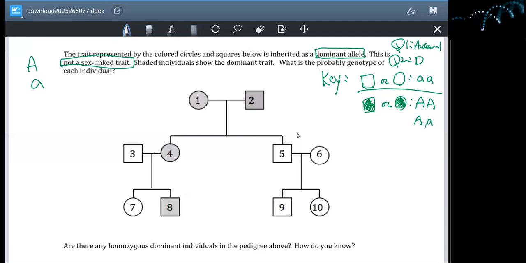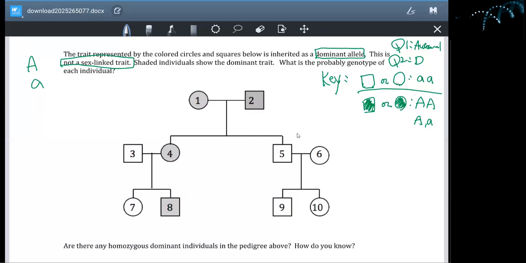This is why it's important to read through the question, ask yourself the main question, then build the key, because the key now looks very different from what you're used to, which are all recessively inherited. Okay, so now that we have the key, we can come back.